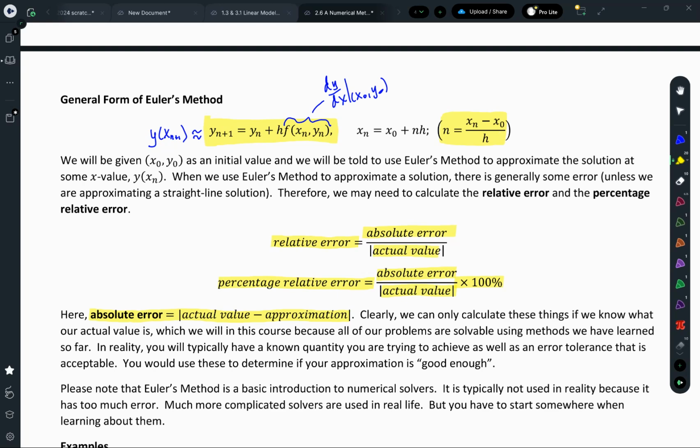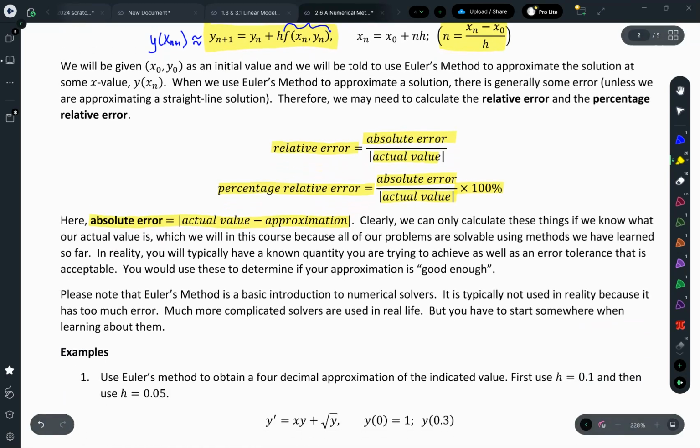So we're going to work with differential equations that we could actually solve using the methods of the previous sections in Chapter 2. That way we could calculate relative error or percentage relative error and answer those questions. Not all questions are going to ask about relative error, but if they do, here are the formulas that you would use.